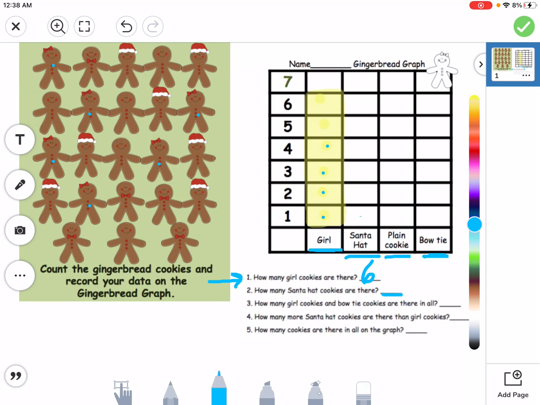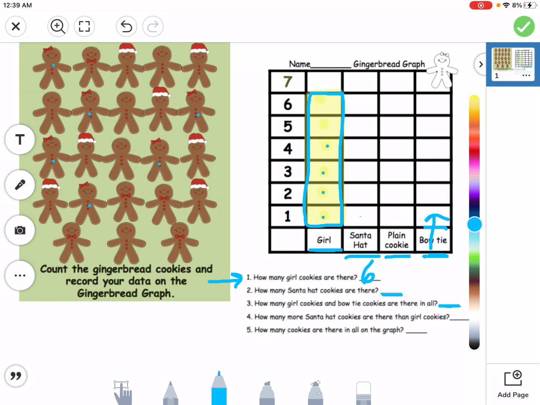How many girl cookies and bow tie cookies are there? So you're going to add girl cookies, and however many bow tie cookies there are. You're going to add those two numbers together and put that right here.